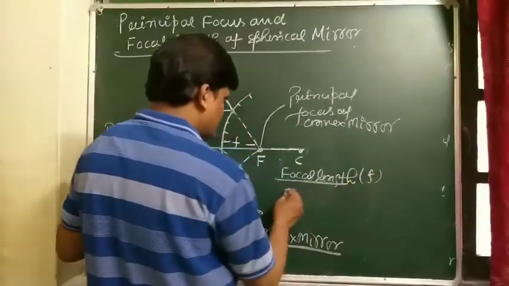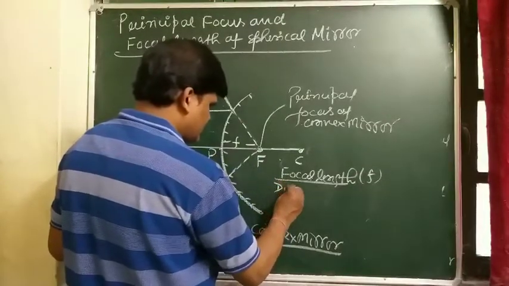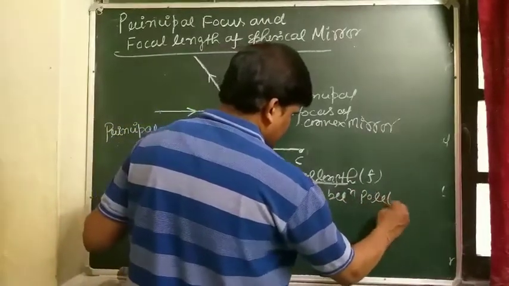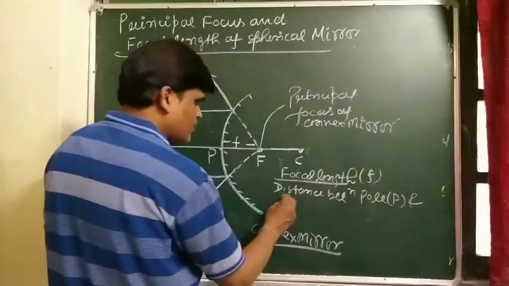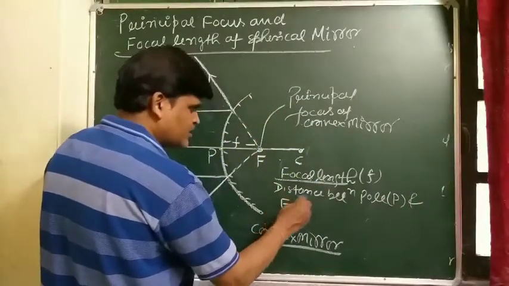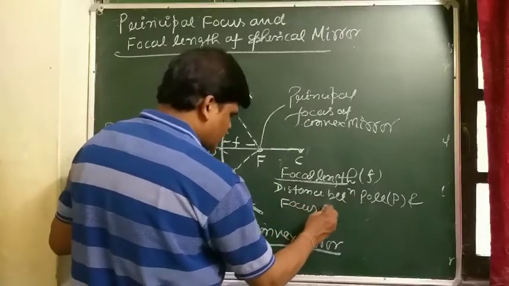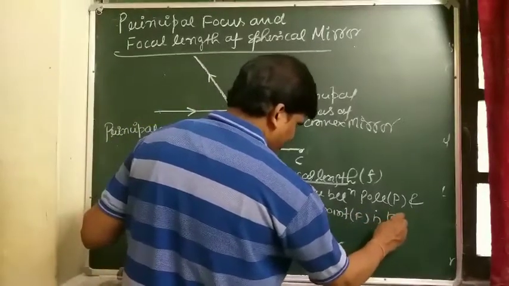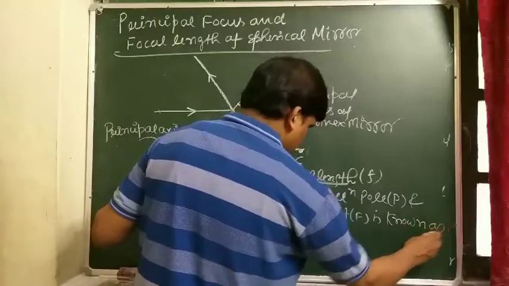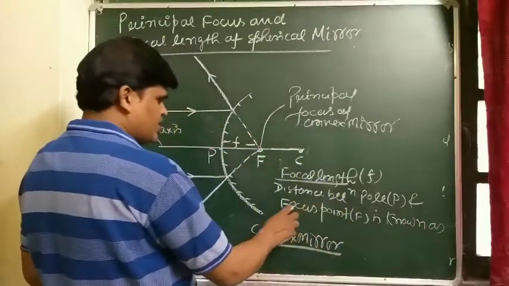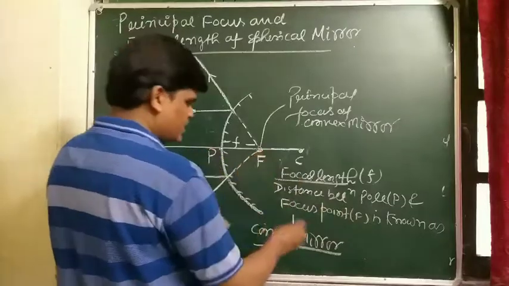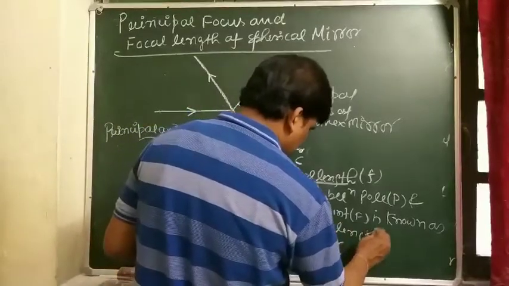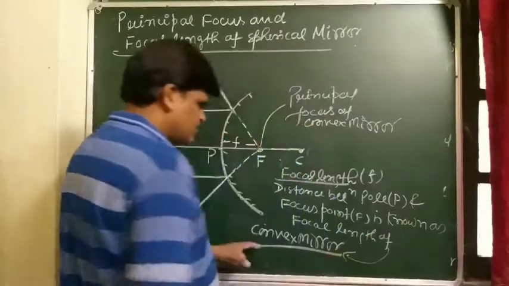The distance, small f, between the pole P and the focus point is known as the focal length of the convex mirror.